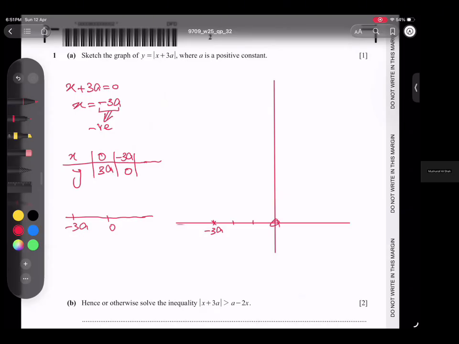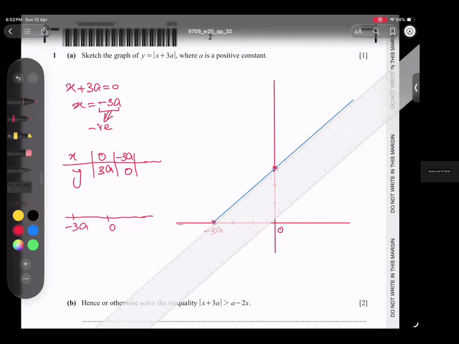So 0 is here, and positive 3a. Just imagine here 1a, 2a, and 3a. This is the number I'm getting, and if I join them, I get this kind of diagram.